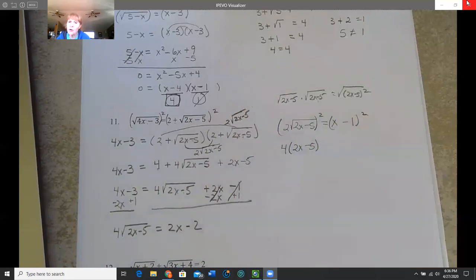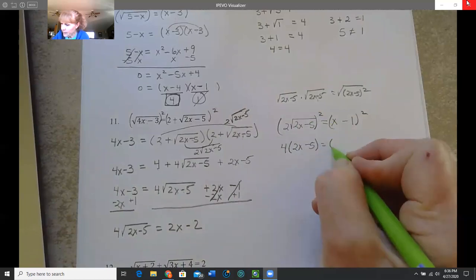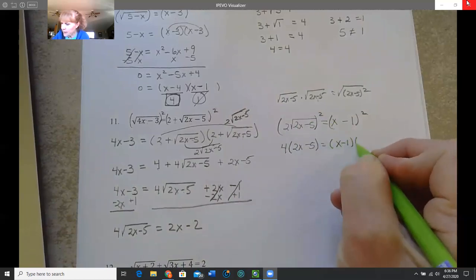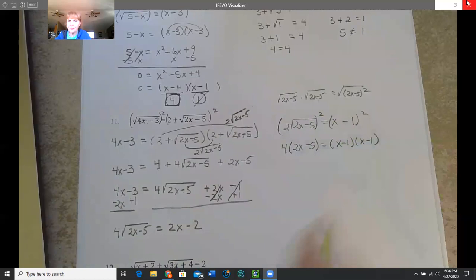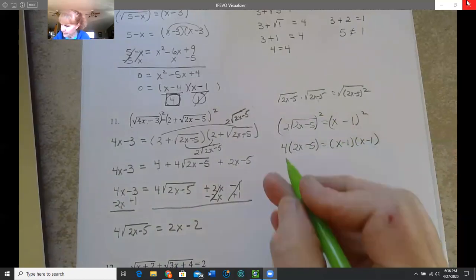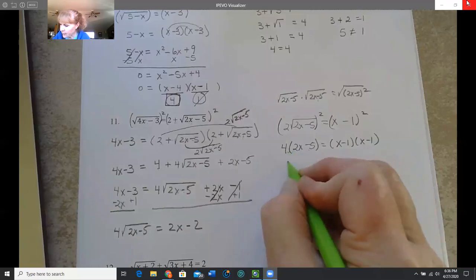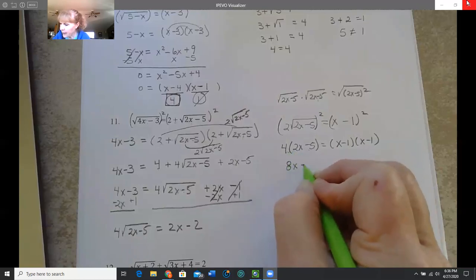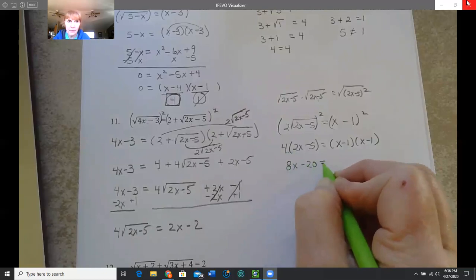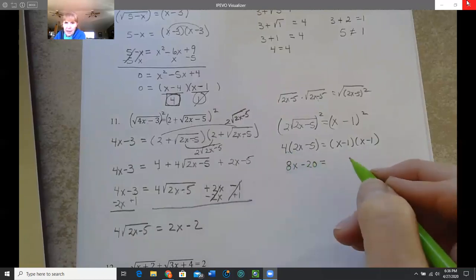So do use parentheses. Equals x minus 1 times x minus 1. You use your FOIL method. I'm going to go ahead and multiply this out. 8x minus 20.